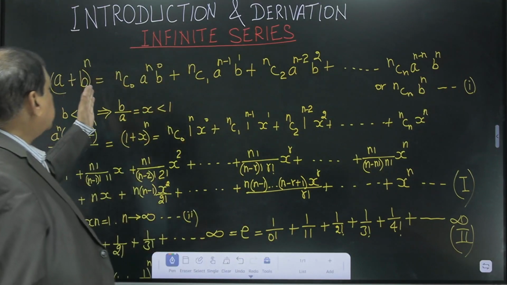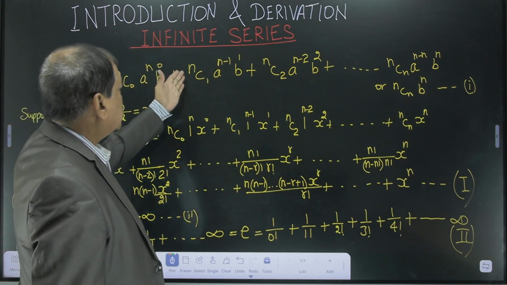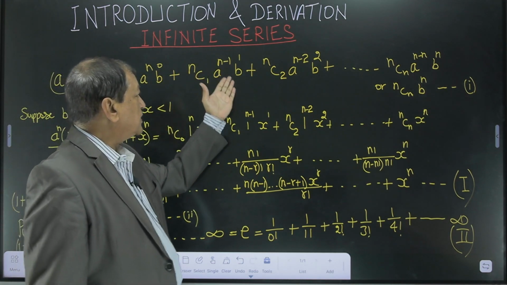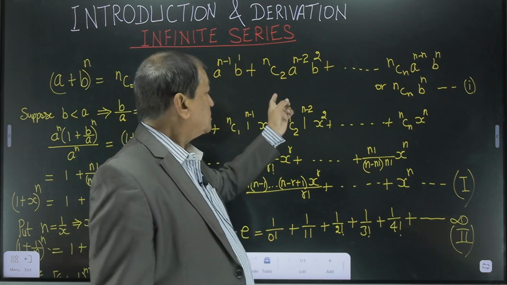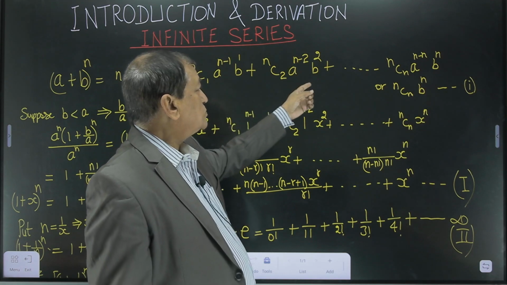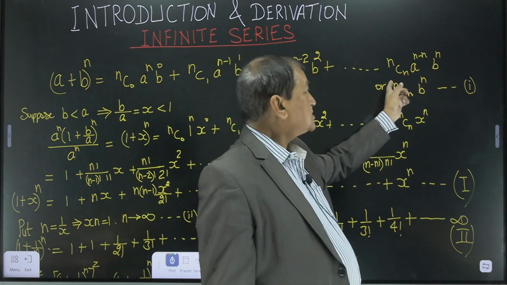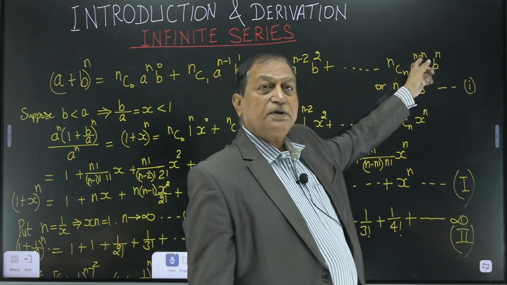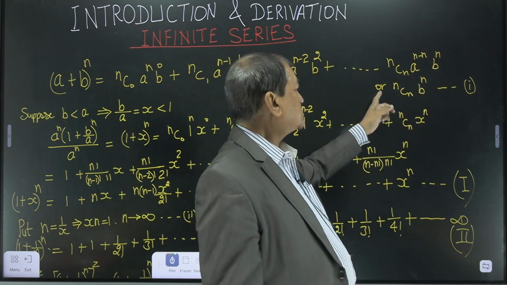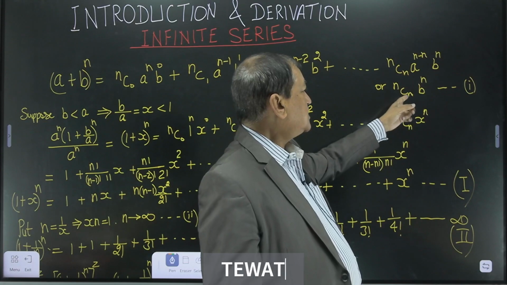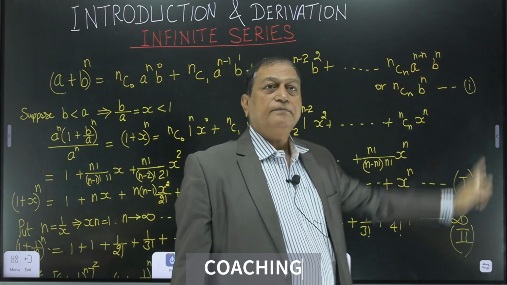It expands like this: nC0 a raised to power n, b raised to power 0, plus nC1 a raised to power n minus 1, b raised to power 1, plus nC2 a raised to power n minus 2, b square, plus so on. The last term is nCn a raised to power n minus n, that means 0, b raised to power n. Or it can be written as nCn b raised to power n, because a raised to power 0 is 1.